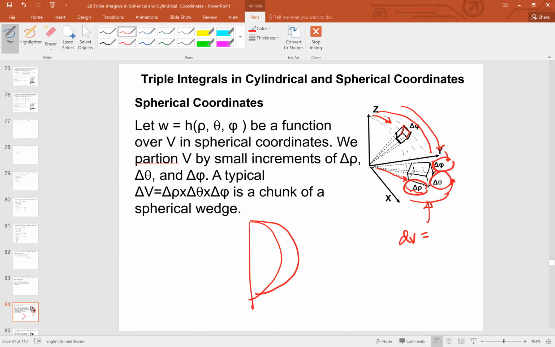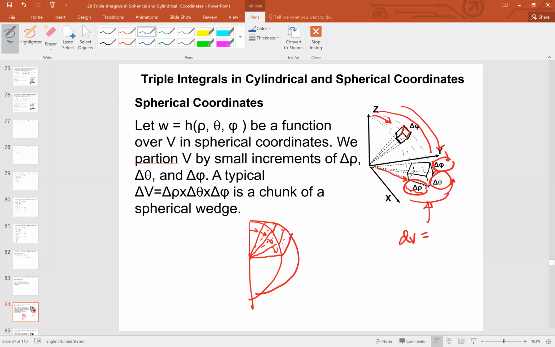Here's the center, and from the center I'm going to cut wedges out like this. I'm going to change this angle phi again, and cut through again, and each time the angle I pitch is the same.